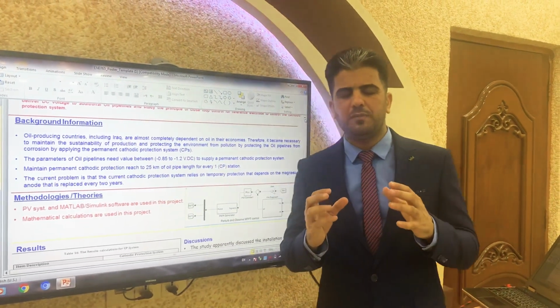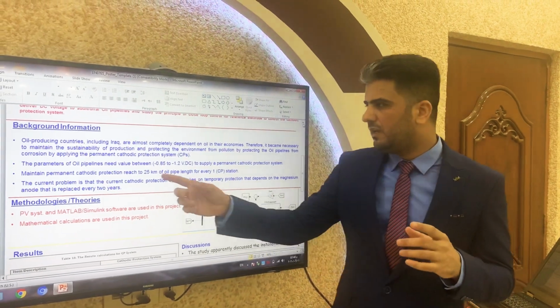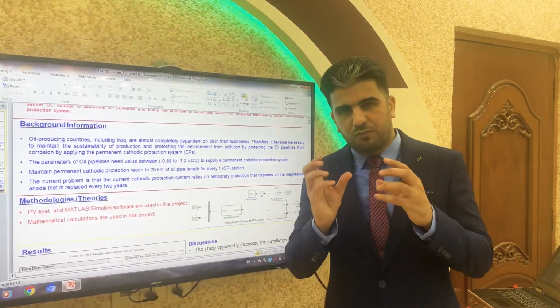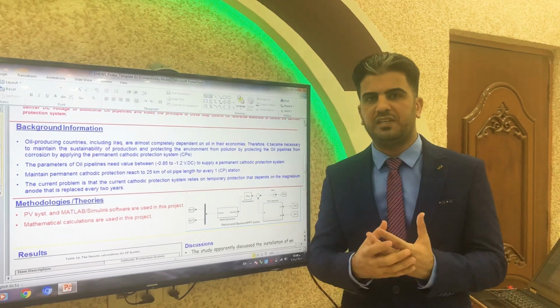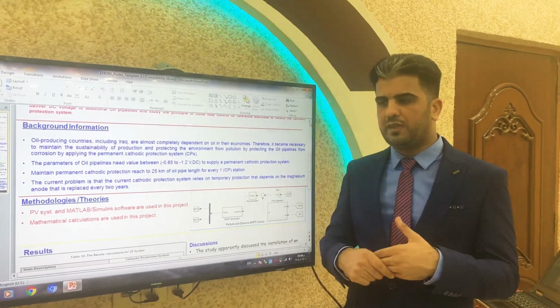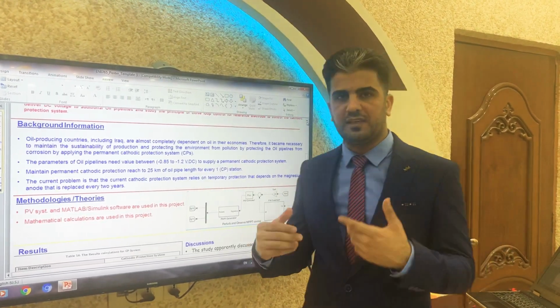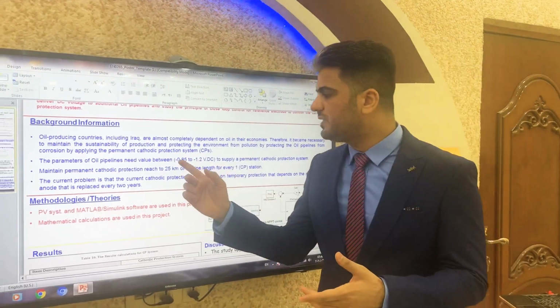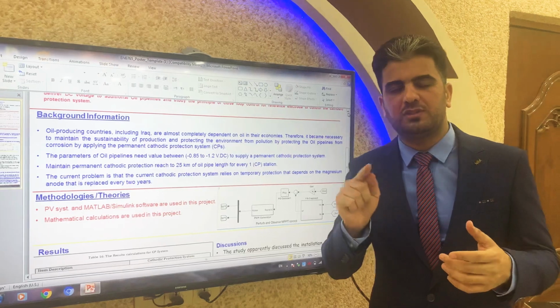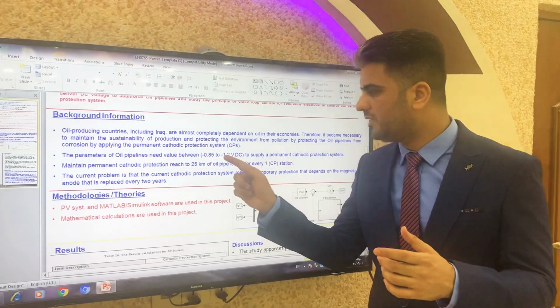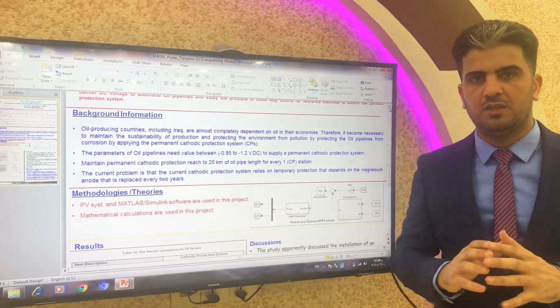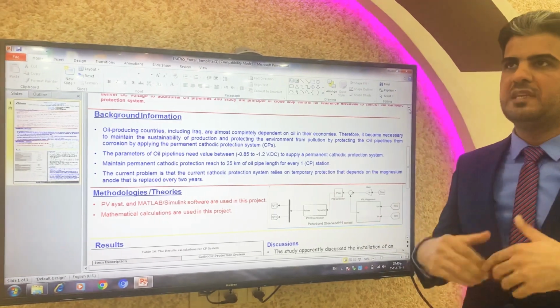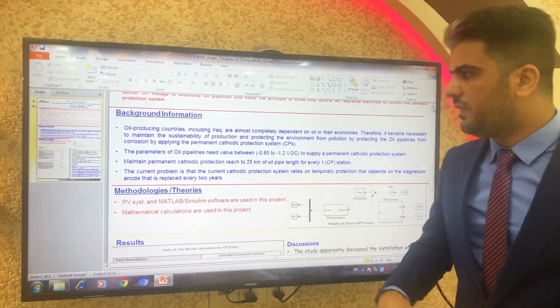The permanent cathodic protection needs a voltage value. If you ask how much voltage I need according to the NACE standard and code, I just need from minus 0.85 to minus 1.2 volt DC to supply permanent cathodic protection.